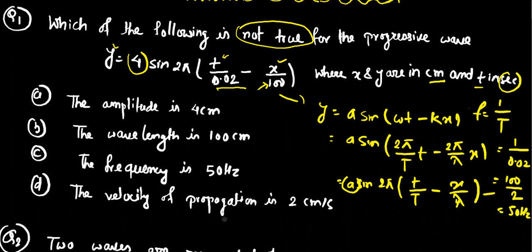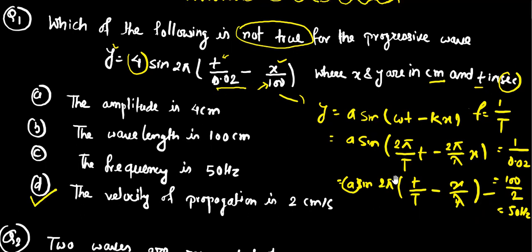Now we have to check the fourth option. Though we are confident that the fourth option is incorrect, this option is the correct answer for the given question, because we have to find out which is not true. So option D is the correct option for this question.